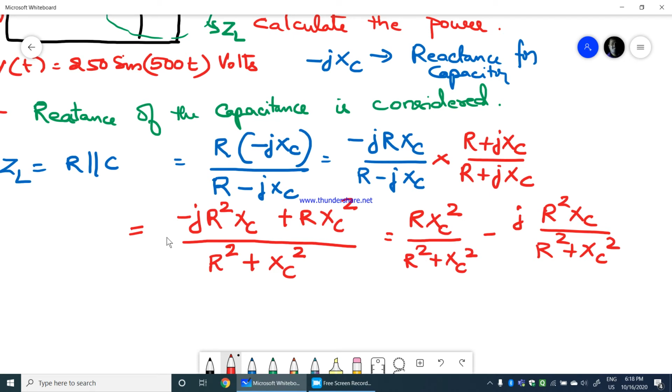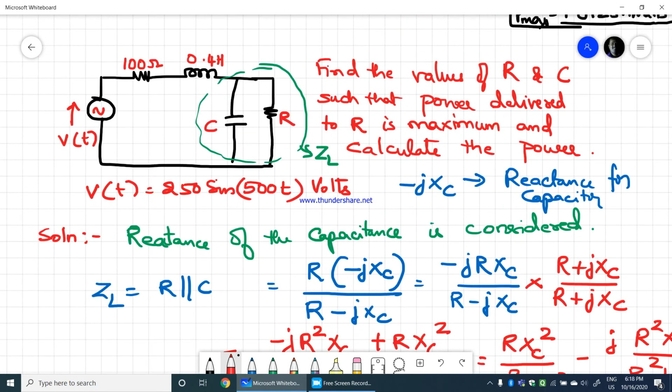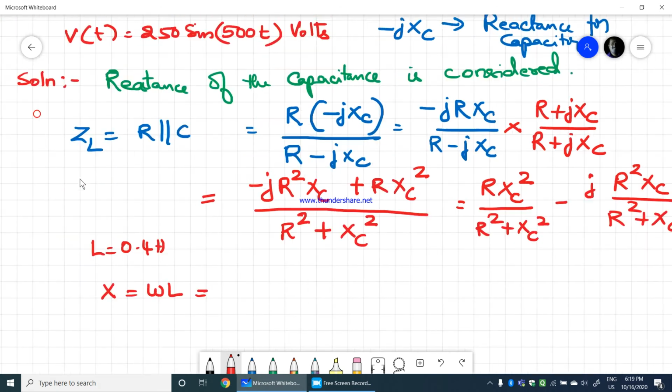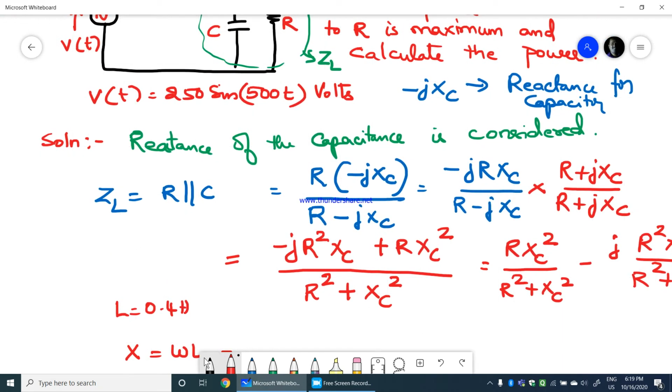Now, as the inductor is given there, L equals 0.4 Henry. We know that the reactance of the inductor would be equal to omega into L. In the question you can see omega is given: when I have a term 250 sine omega t volts, omega is given as 500.